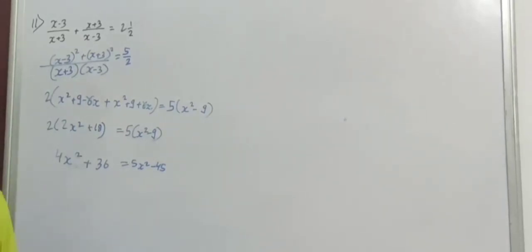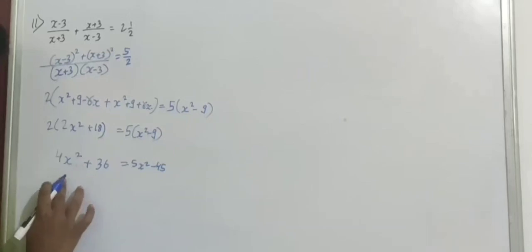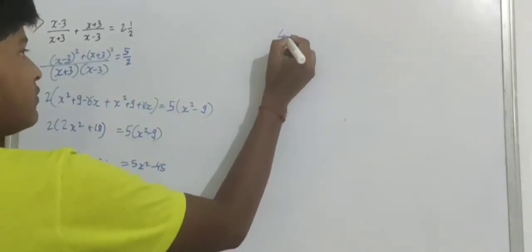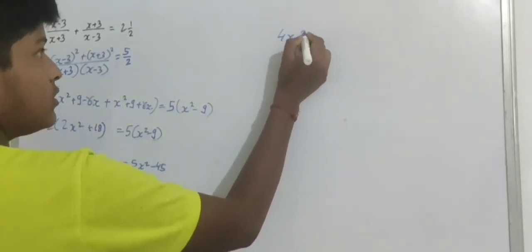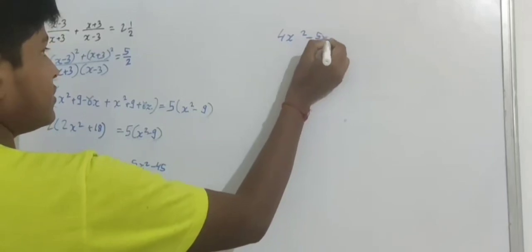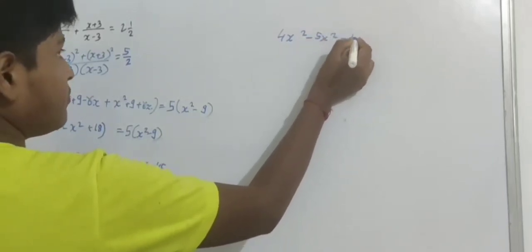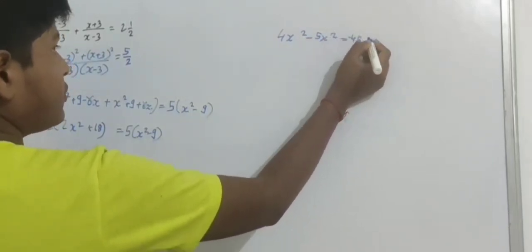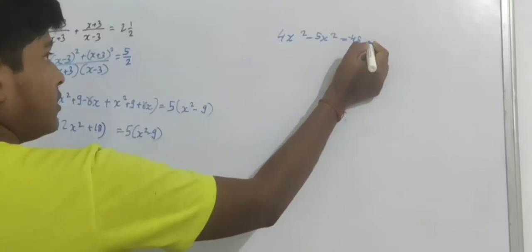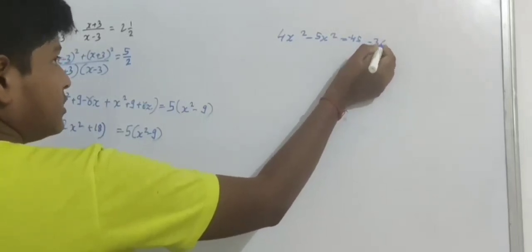Now variables one side and constants one side. So it will be solving it here. 4x square minus 5x square is equals to minus 45 minus 36.